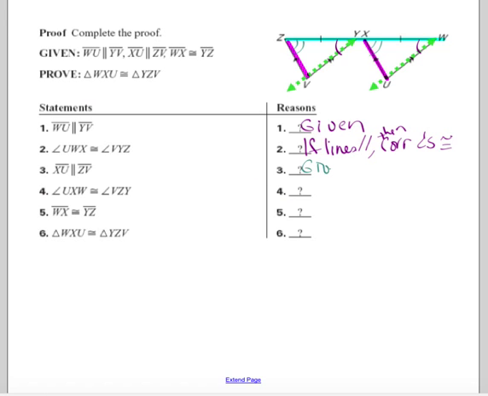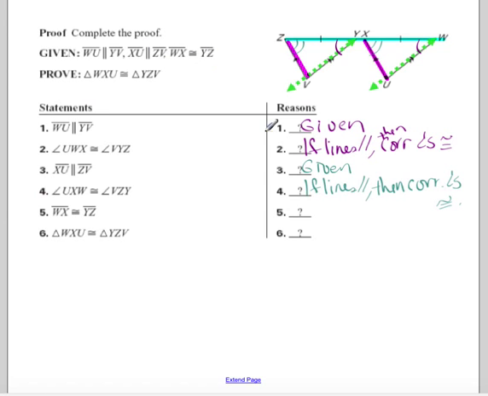Again, those parallel lines are given. And then for the angles, it's if lines parallel, and again these were corresponding. Be sure you write the statement. This is about as short as I could get it.